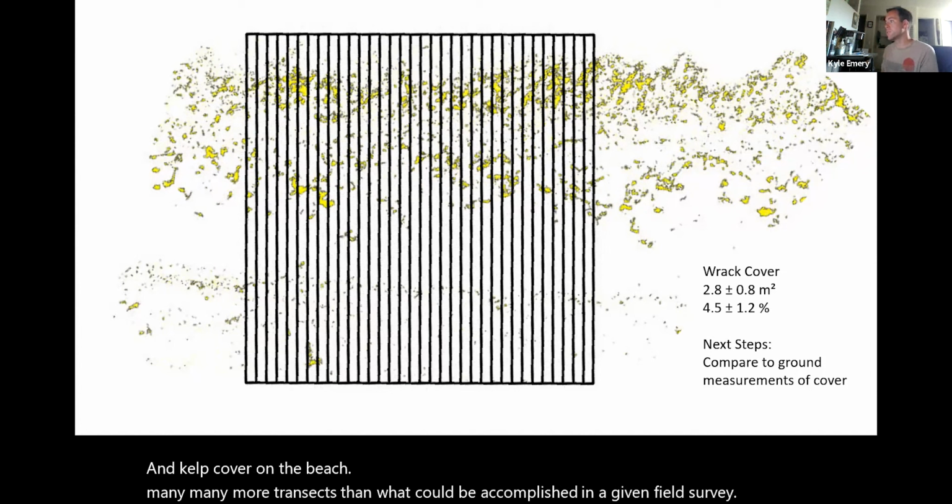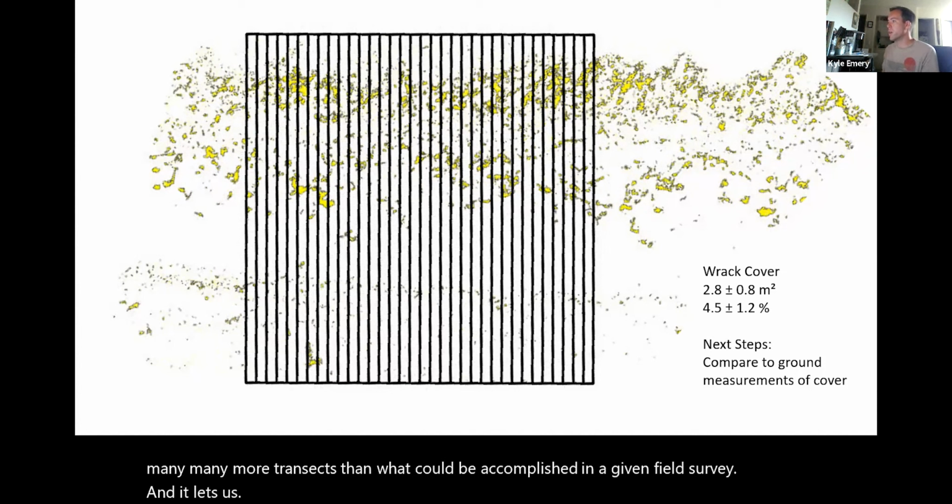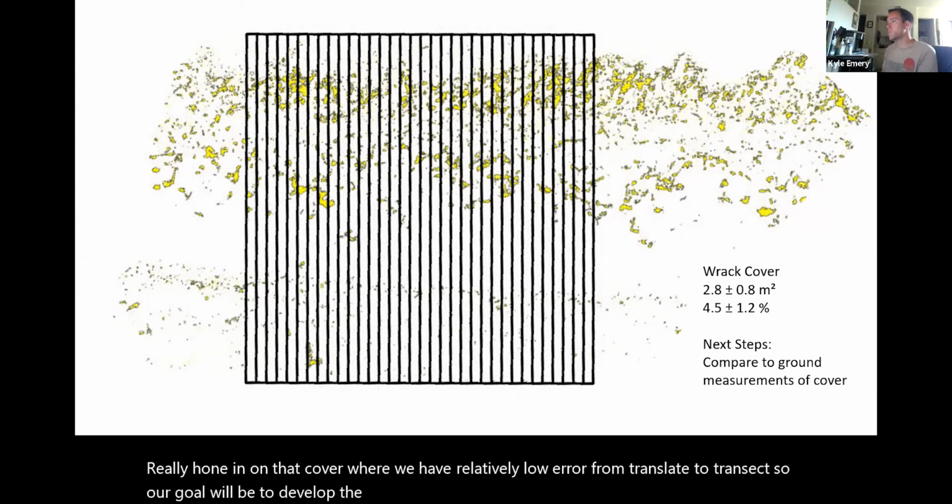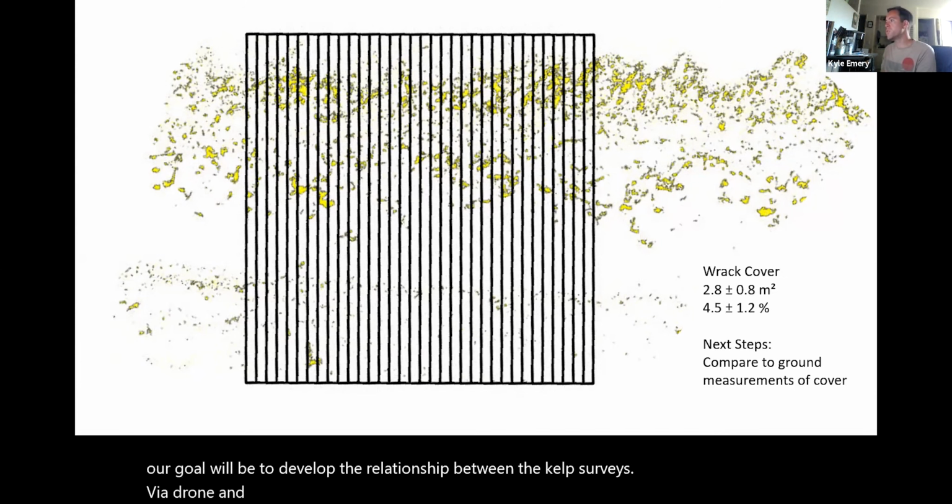And it lets us really hone in on that cover where we have relatively low error from transect to transect. So our goal will be to develop the relationship between the kelp surveys via drone and via on-the-ground beach surveys, and then compare those across the long-term data set that we have with the LTR.